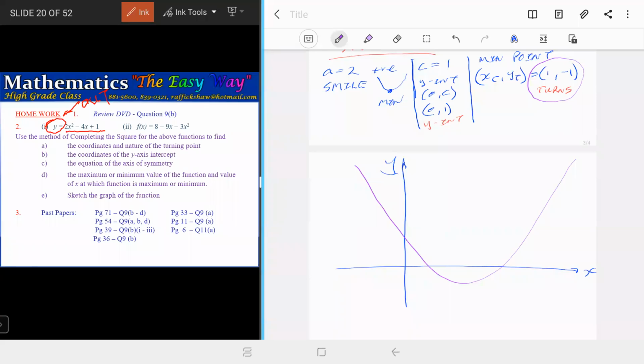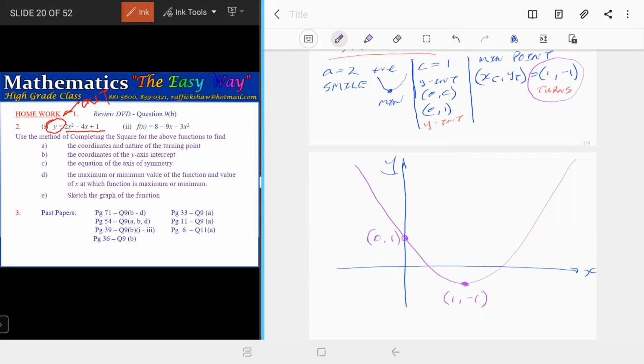So I'm going to label this point down here, right at the bottom, as my minimum point. That point has the coordinates 1, -1. See? Minimum point, 1, -1. And then this point up here, where it crosses the y-axis, my y-axis intercept has the coordinates 0, 1. So I'm marking it 0, 1.